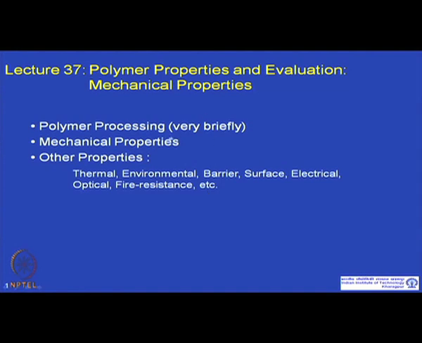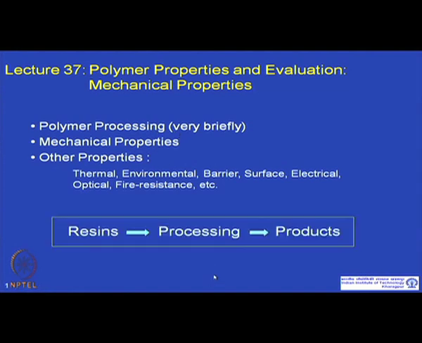Before I start the discussion on polymer properties, I want to very briefly talk about polymer processing, mainly because till now we have gained the knowledge of polymer resins, how to synthesize them, and how to characterize them.